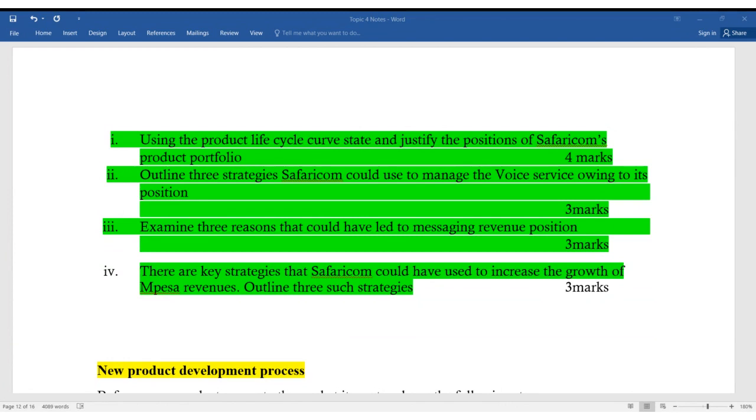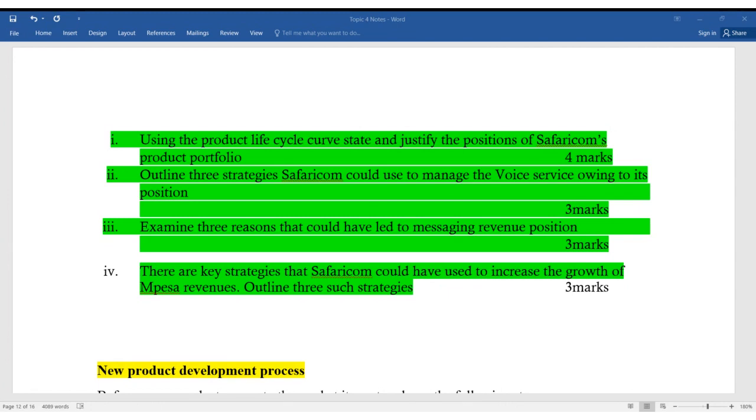It gives you opportunity to make calls even more. When you reach a target, for example, you are able to get the similar amount of credit that you had used. So that is actually an incentive. So look for many other incentives that can be used to improve or to maintain the voice call. Now, examine 3 reasons that could have led to messaging revenue position.